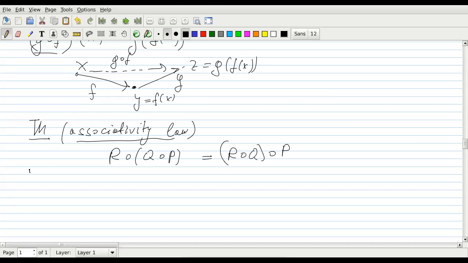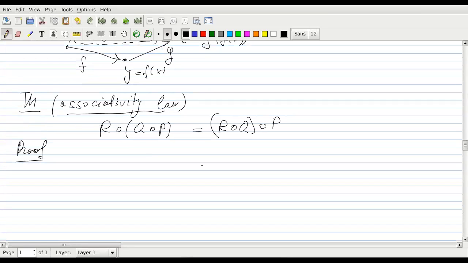It doesn't matter how you group the brackets. Is the statement clear? As a statement, the statement itself, not the proof. Yes, it's clear. Okay.